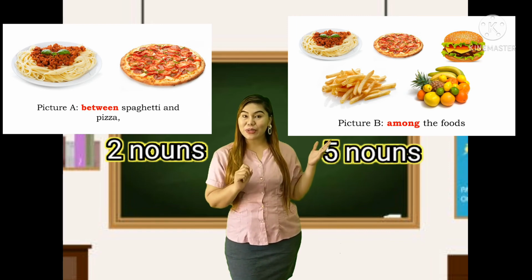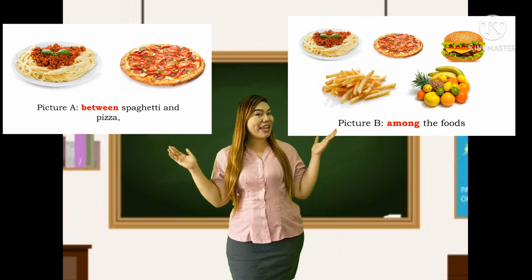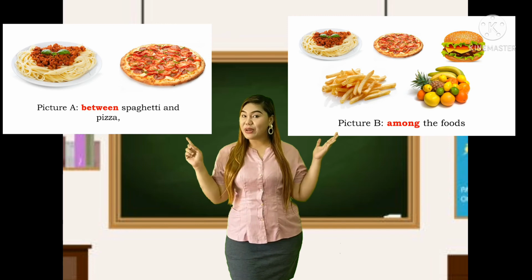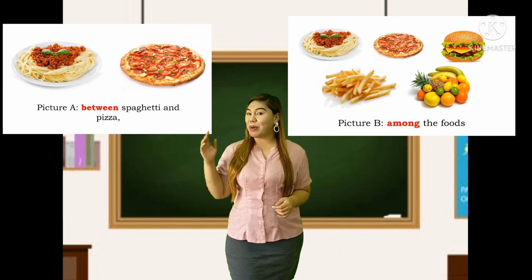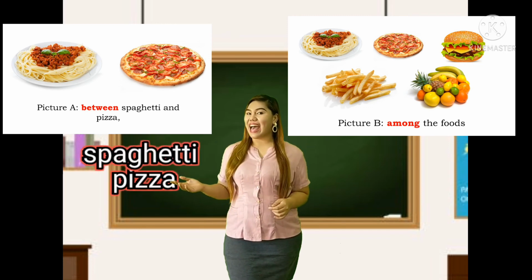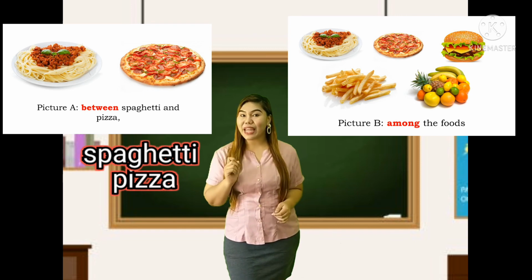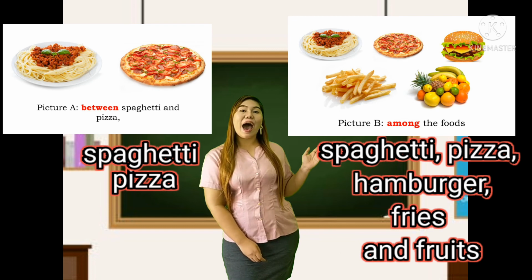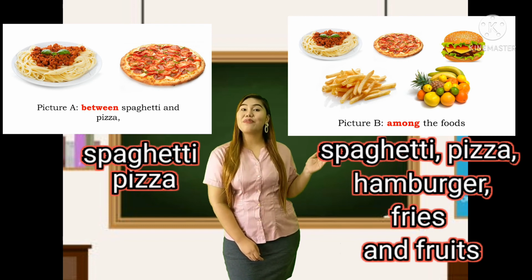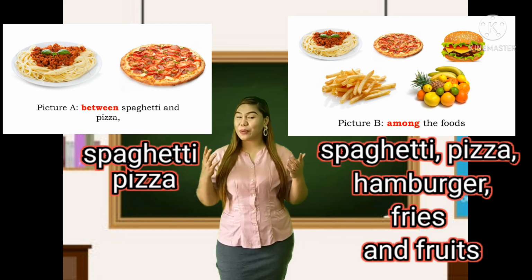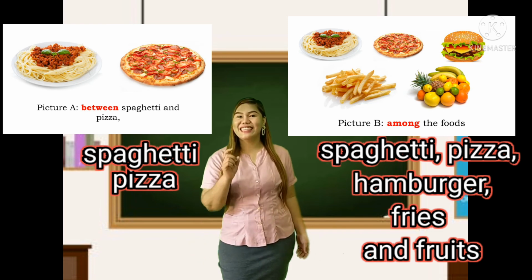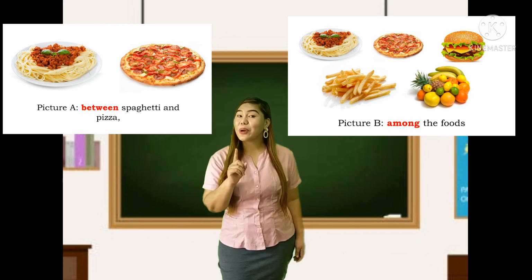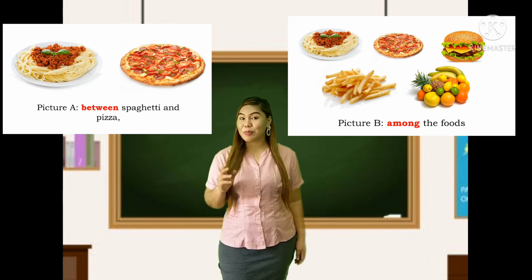Can you name the foods in picture A and picture B? Alright. In picture A, we have spaghetti and pizza. And in picture B, we have spaghetti, pizza, hamburger, fries, and fruits. Are these words nouns? Yes, they are all nouns. What word comes before spaghetti?